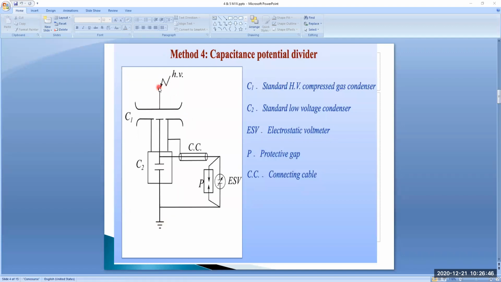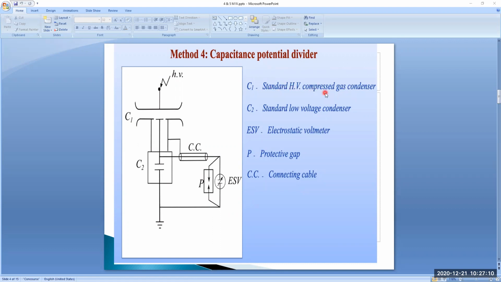The high voltage impulse generating terminal is connected here. That means one terminal of the measuring equipment is connected to the high voltage impulse terminal and the remaining terminal to the ground. It's clear. C1 is called a standard high voltage compressed gas condenser.